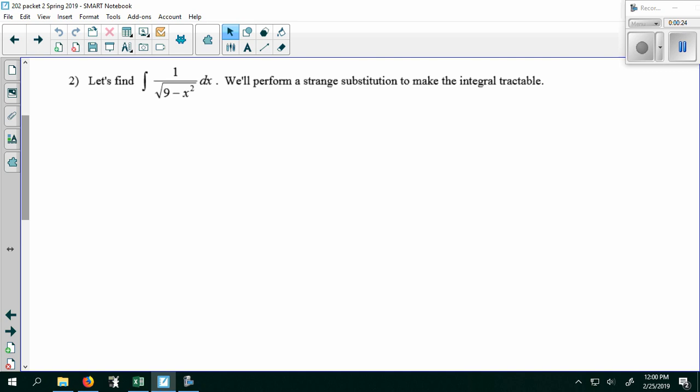We're going to perform a strange substitution to make this integral tractable. Where the substitution comes from, we'll talk about when we're done, but I'm just going to tell you we're going to substitute x equals 3 sine theta. I'm going to make my integral have thetas in it instead of x's, which means I also need to replace the dx.